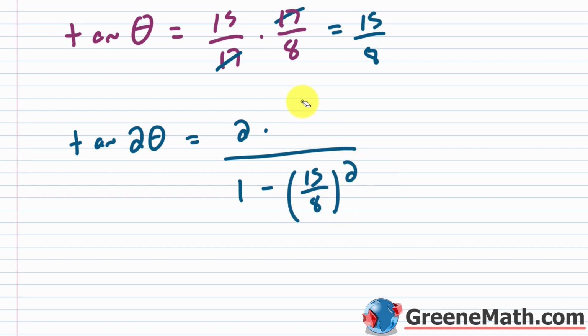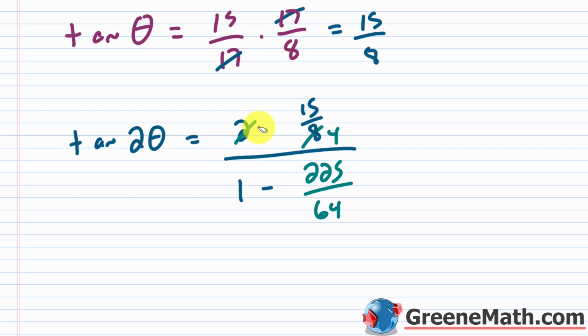Okay, let me make this a little bit better here. Now, you can go through and say that this 2 would cancel with this 8 and give me a 4. 15 squared is 225, and 8 squared is 64. So this is 225 over 64. Let me get rid of this and write this more cleanly. What I would do is multiply the numerator by 64 and the denominator by 64.